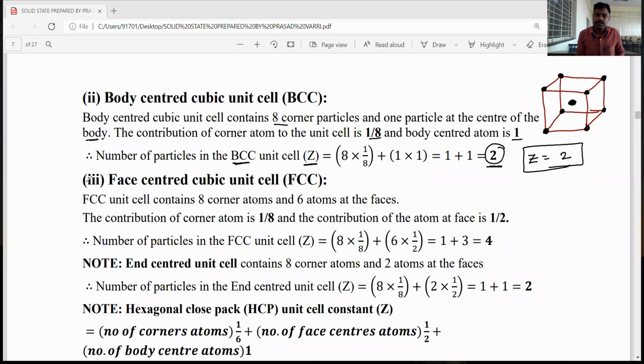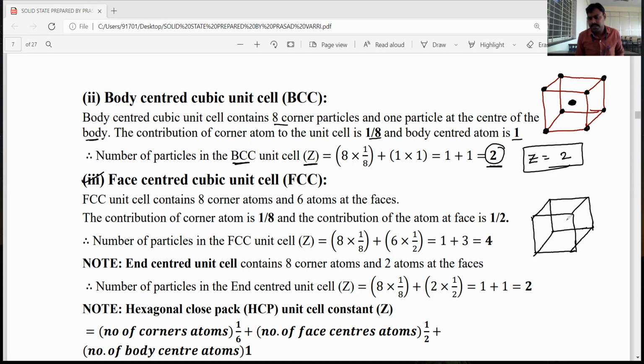In the same way, FCC, face centered cubic unit cell. Just imagine the structure of the FCC unit cell, whose definitions we have already discussed earlier. In the face centered cubic unit cell, the atoms are present at the corners as well as the face centers.